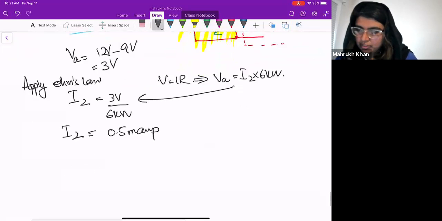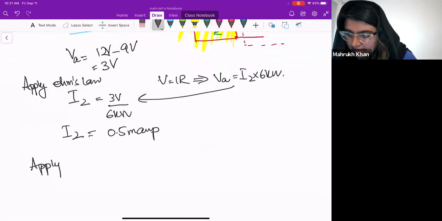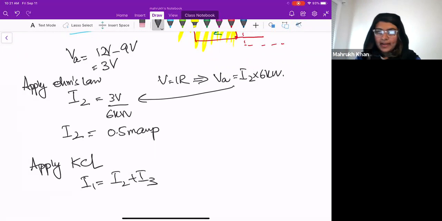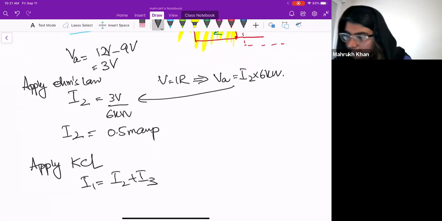So I just do here, apply KCL means I1 is equal to I2 plus I3, right?